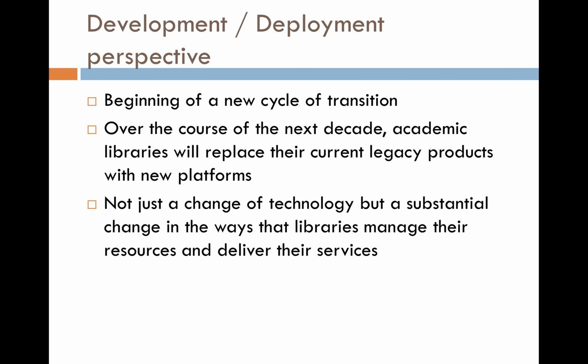So I'll just conclude by saying that all of this vision isn't done yet, but we're at the beginning of the cycle. Some discovery systems have been out for a while, and I expect to see more and more uptake of those. I expect those systems to get better. New generation library services platforms, some are available now, are in production, are being implemented.